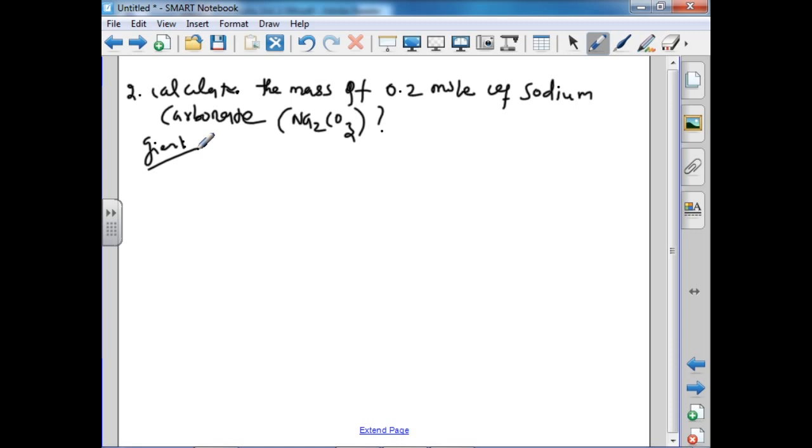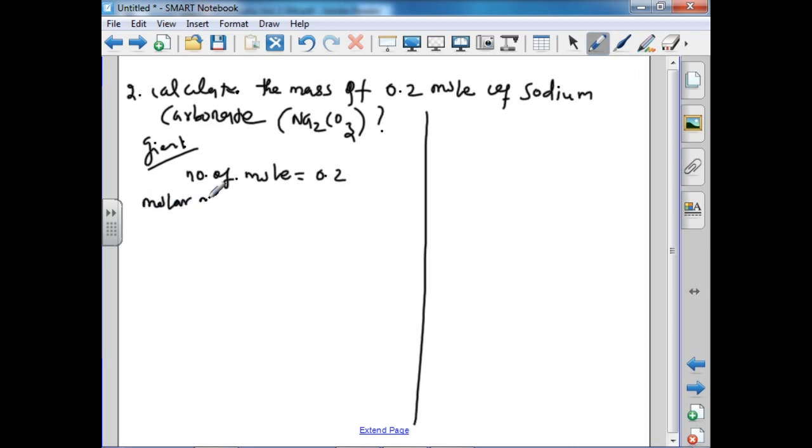Only the number of moles. Number of mole equal to 0.2. Molar mass of Na2CO3 equal to the relative atomic mass of sodium 23, carbon 12, oxygen 16.